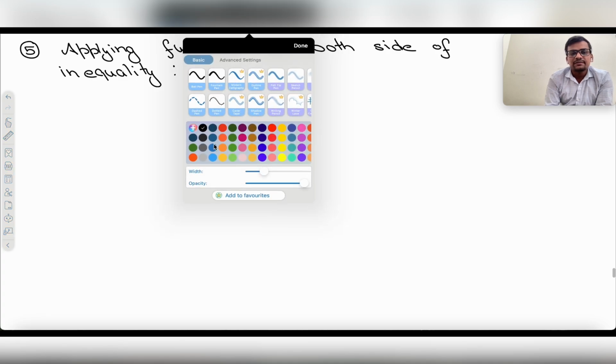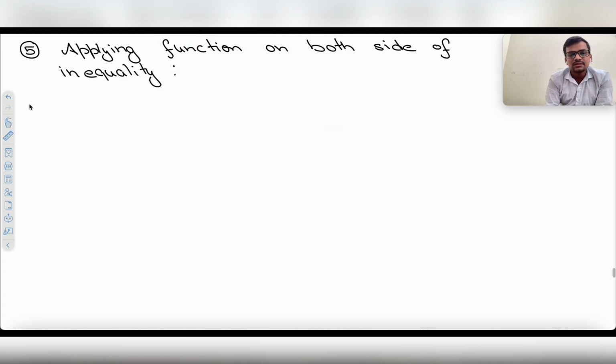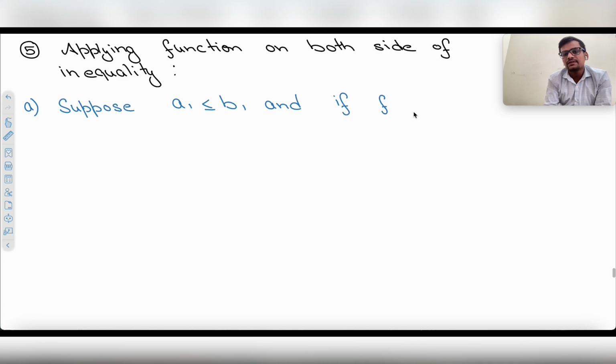So the first point I want to write is, suppose a1 is less than equal to b1 and f is a function that is monotonically increasing.